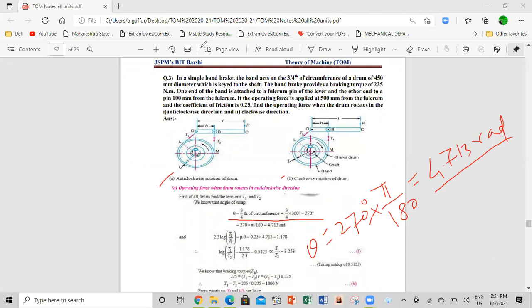Next, we know the formula for tension ratio. T1 upon T2 is equal to e raised to mu theta.